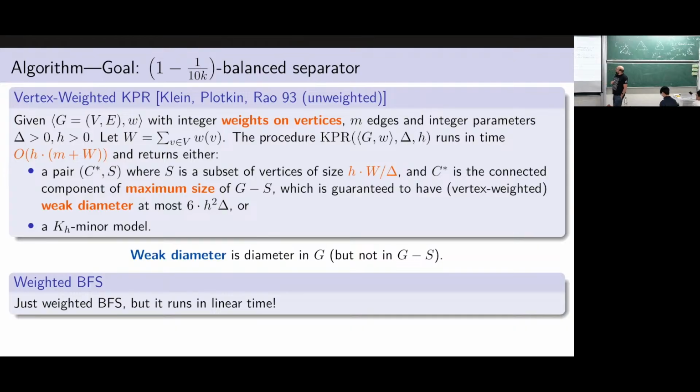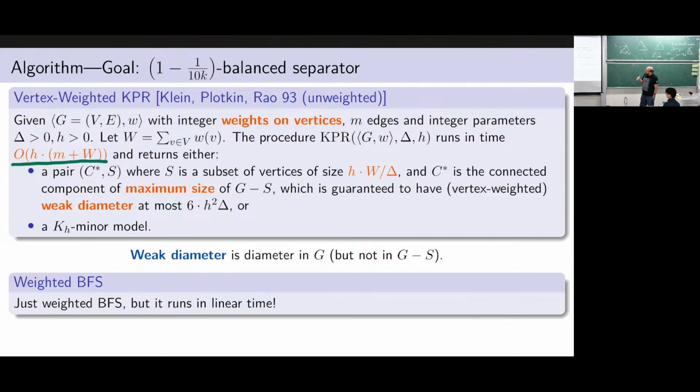So now the vertex-weighted modification of KPR is the following procedure. First of all, it runs in a good time for us, which is h times m, or h times W, where W stands for the sum of all weights.